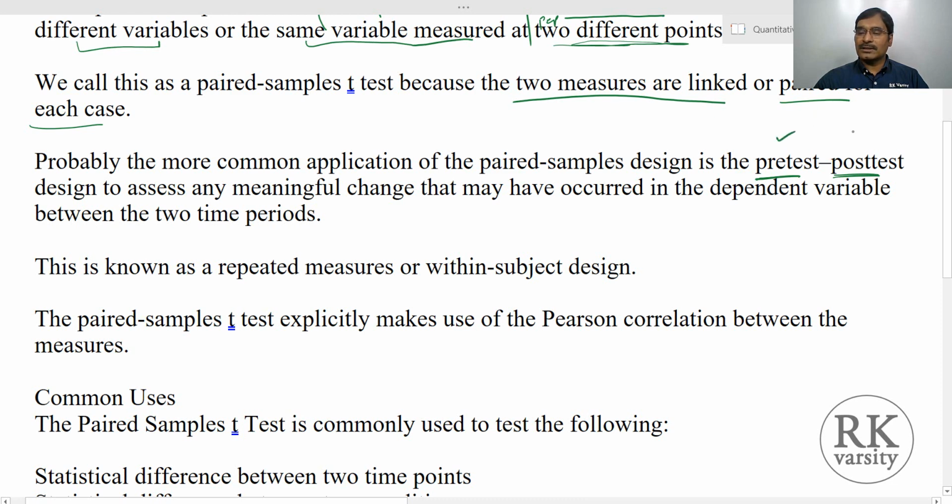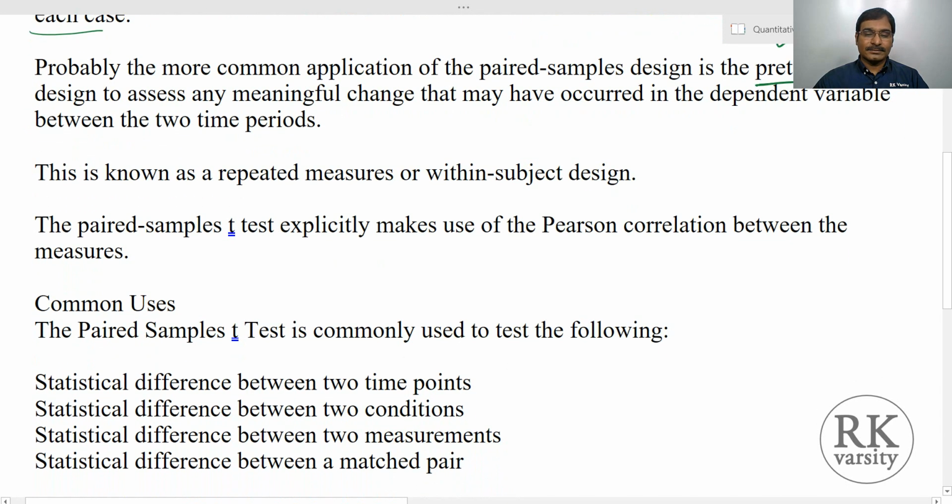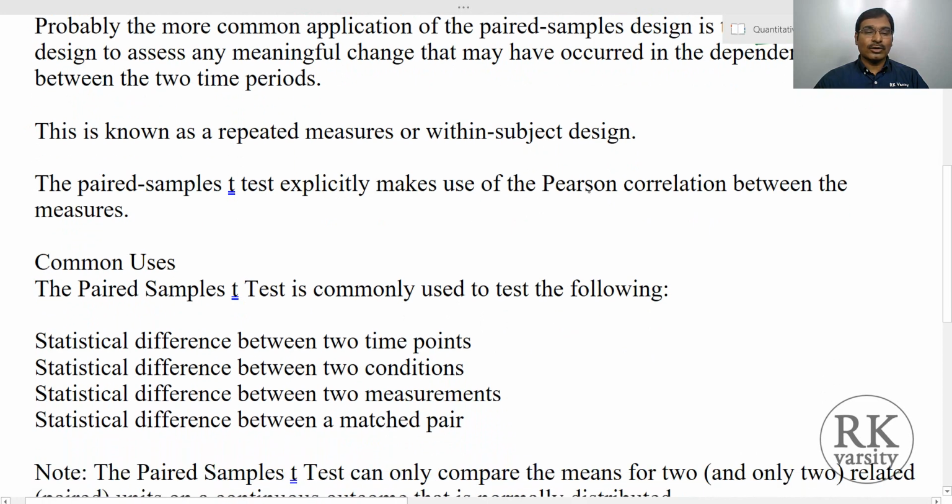So that is a pre-test and post-test. Many examples are there in business where we come across a pre-test and a post-test. In such scenarios, the popular method is paired sample t-test. This is also known as a repeated measures or within-subjects design. And the paired sample t-test explicitly uses Pearson correlation between the measures.